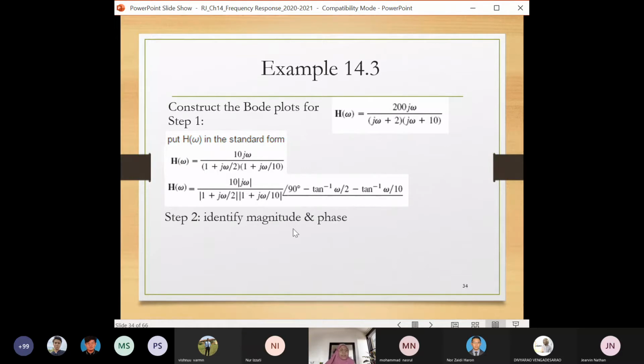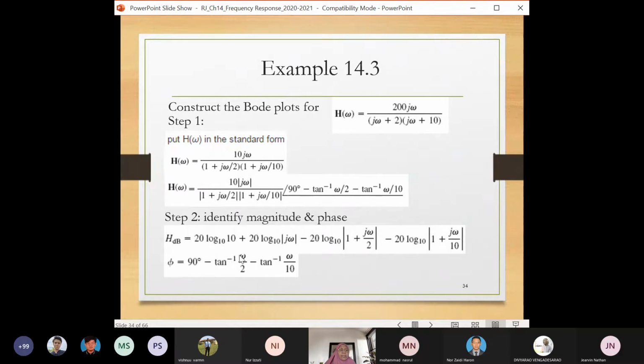So step 2 is to identify the magnitude and the phase. The magnitude is 20 log 10 of 10, plus 20 log 10 of j omega, minus 20 log 10 of 1 over j omega over 2, minus 20 log 10 of 1 over j omega over 10. This is again a mathematical expression.